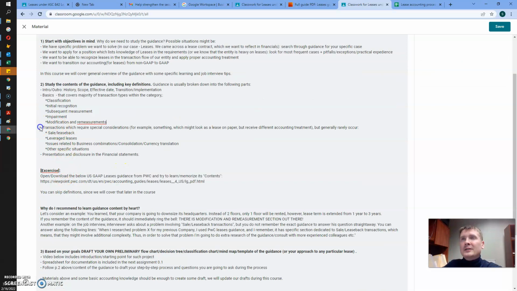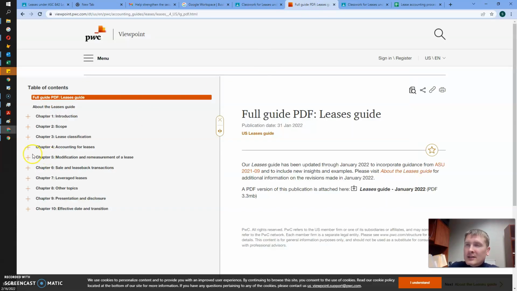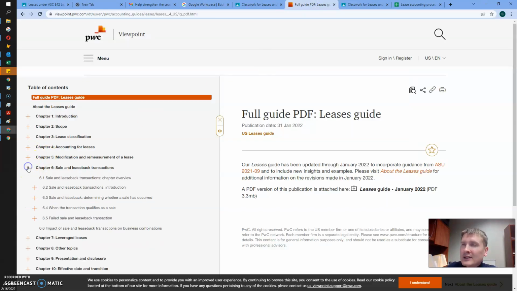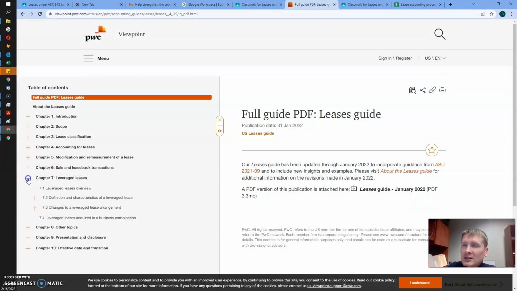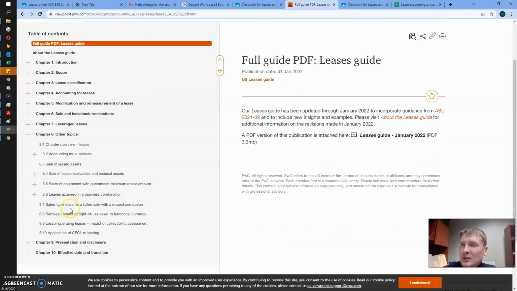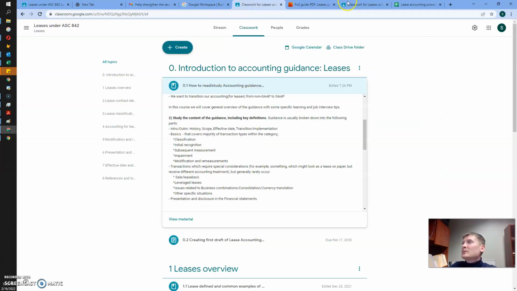Okay, then every guidance has some specific transactions which are more complicated than the average, something unusual, or something which is not accounted for as a typical lease transaction. In our guidance, that's the case for sale and leaseback, leveraged leases, and several other topics which we want to know about.